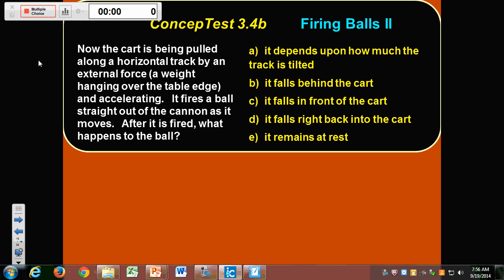However, now I have a situation where the cart is accelerating, it has a force applied to it, and then you shoot a ball straight up into the air, and then when it comes back down, where does it land?